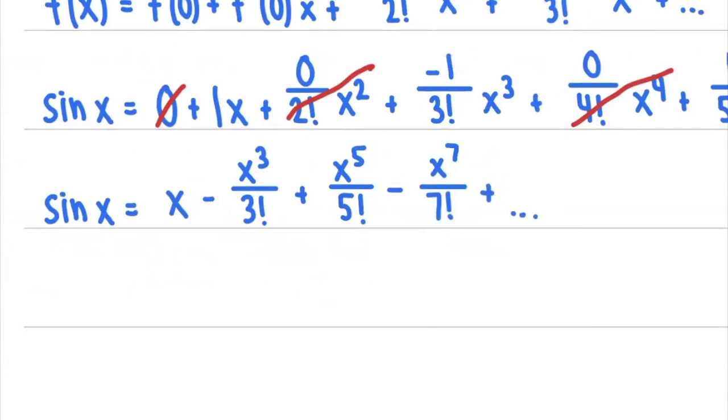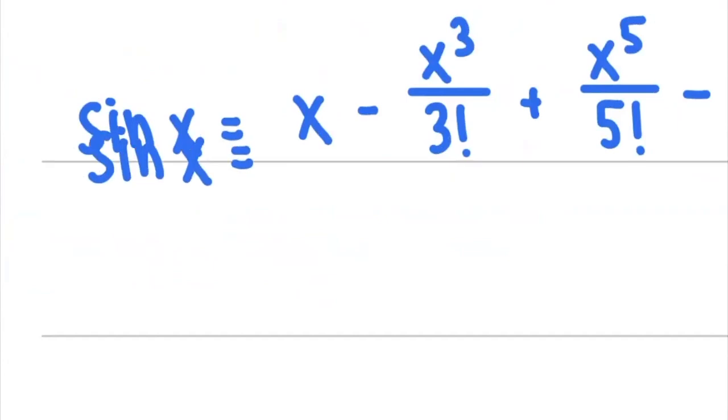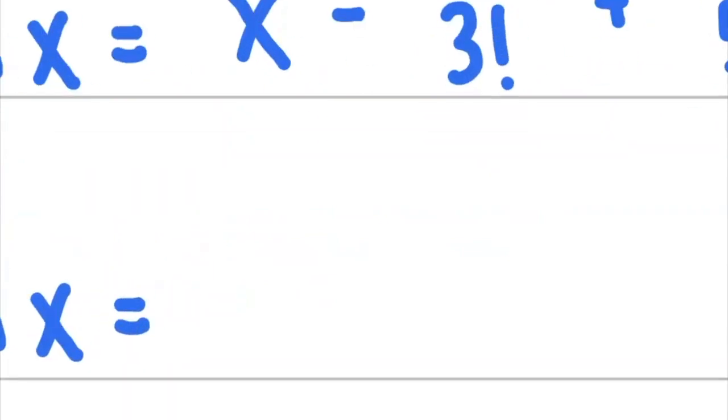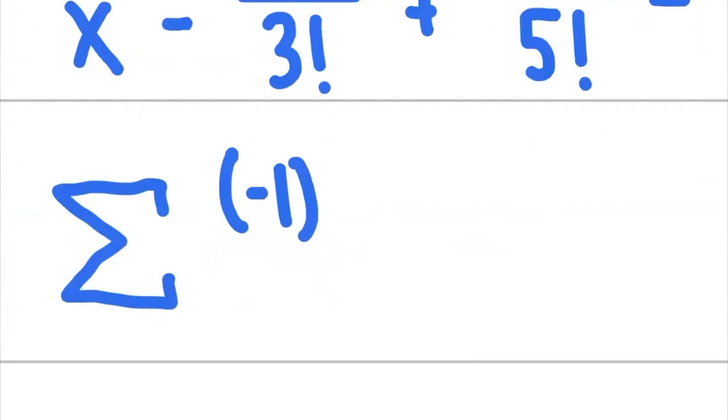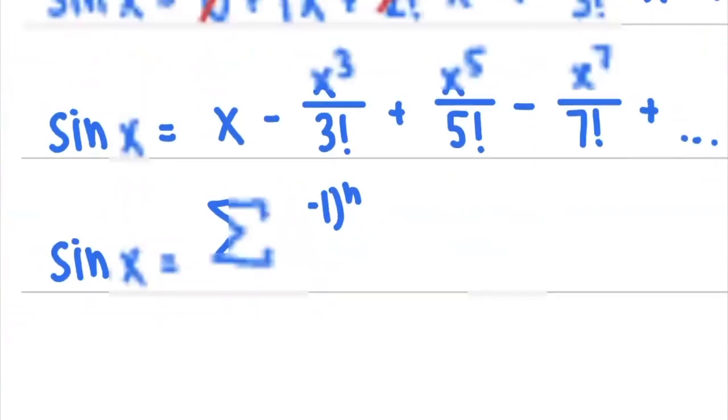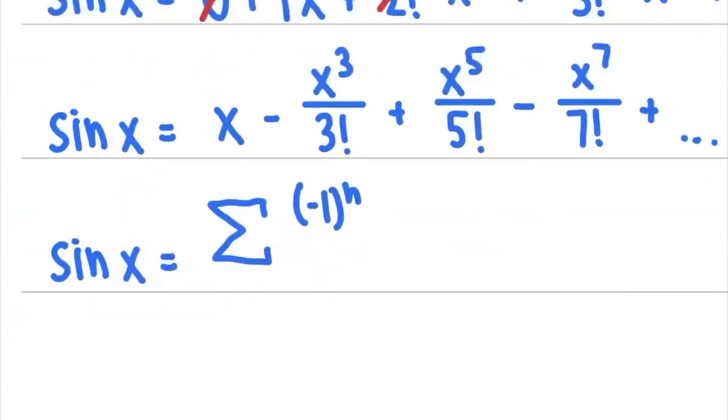And so let's write this in summation notation. It's a little bit more complicated than last time. So we have the sum. This is alternating, so I need to slap on a -1 to the power of n. That will take into account the alternating signs, because when n is 0, -1 to the power of 0 is 1, so that's positive.